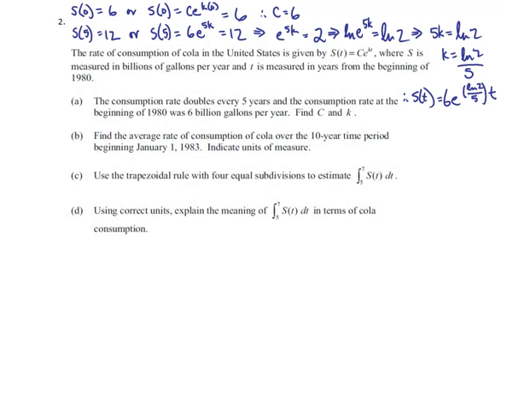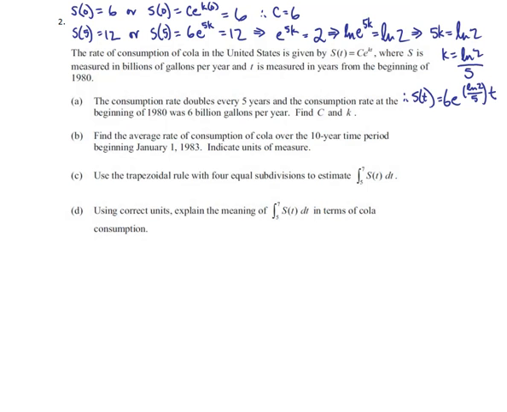Part B says find the average rate of consumption over the 10-year period beginning with January 1st, 1983. The function we're working with is a rate, so the average rate of consumption is just the average value of S on the interval.